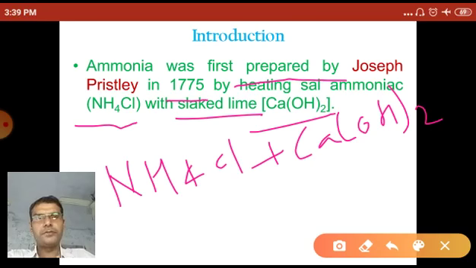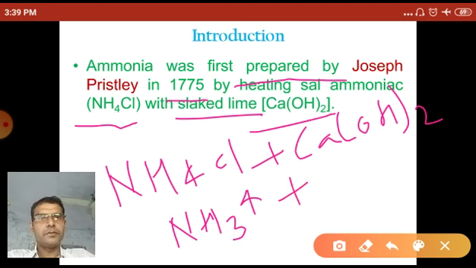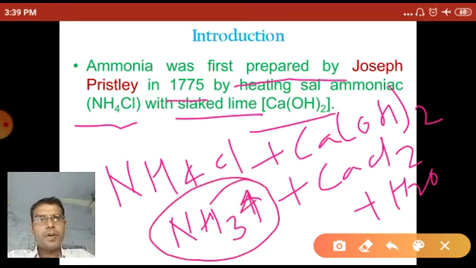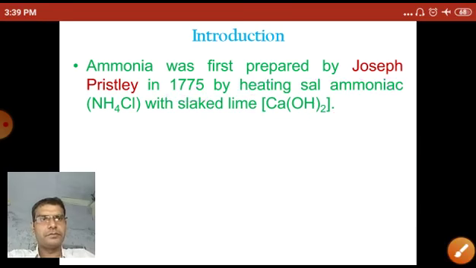He got ammonia, NH3, as a gas, calcium chloride as a byproduct, and H2O as vapor.